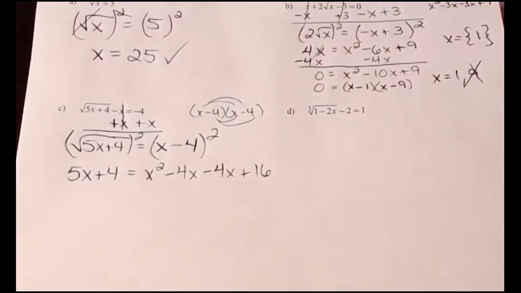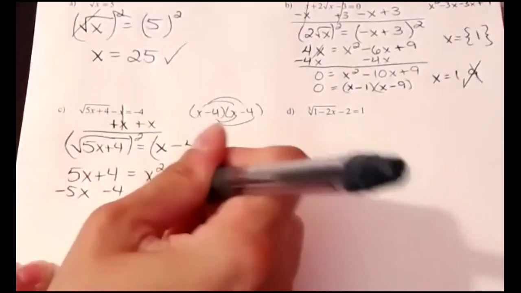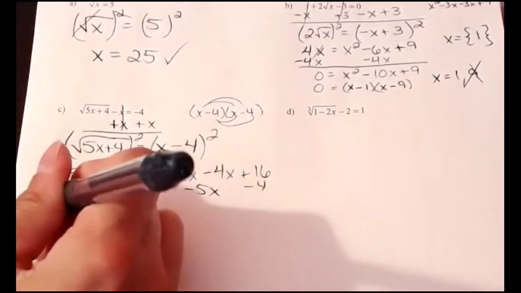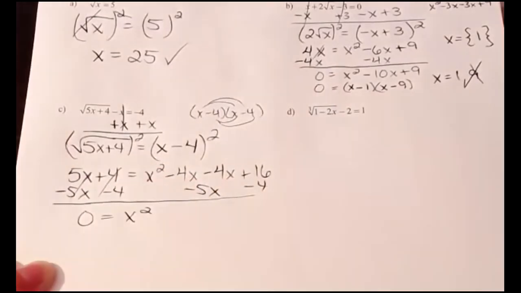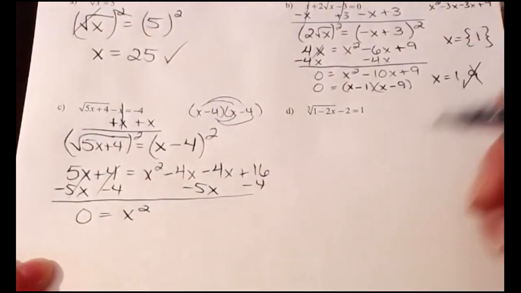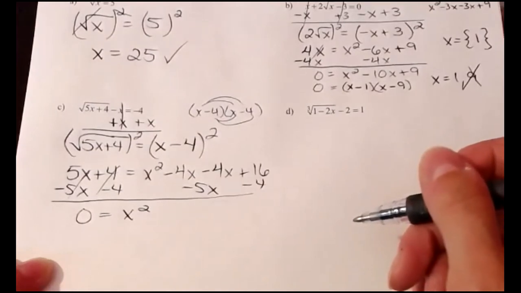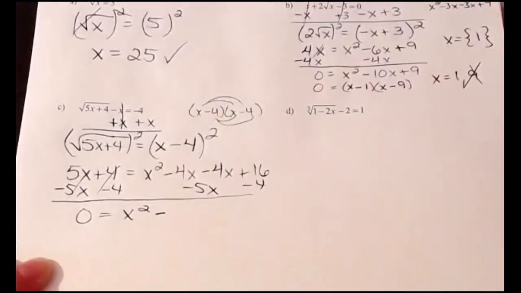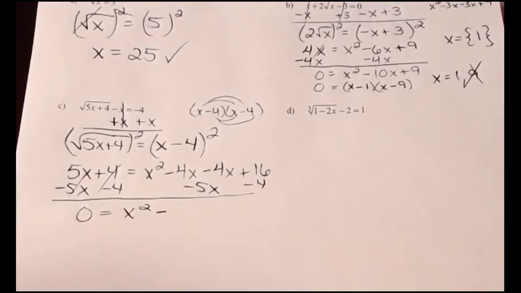What's next? So we're going to combine like terms. We'll do this all in one thing. So we're going to bring that 5x and that 4 over, and then we're going to combine like terms. So we'll have 0 equals x squared, that's easy. 0 equals x squared minus 3... or no, I'm sorry, plus 12.